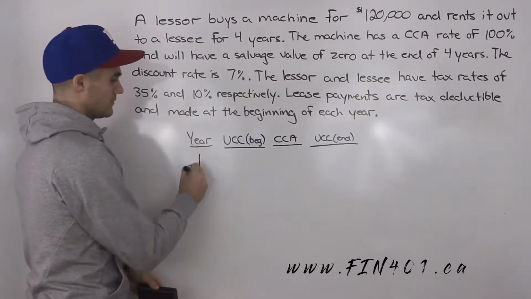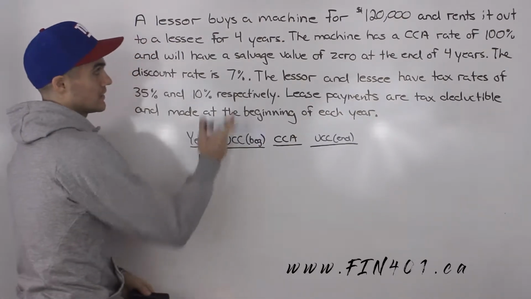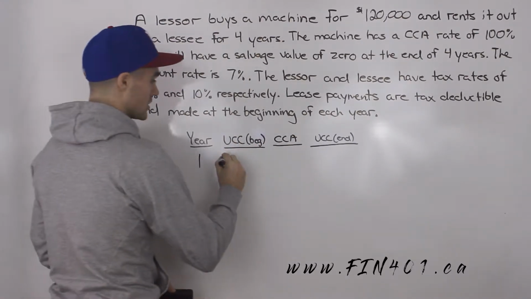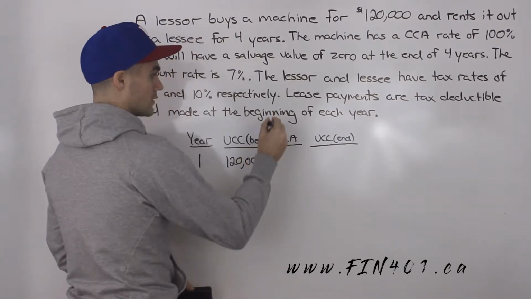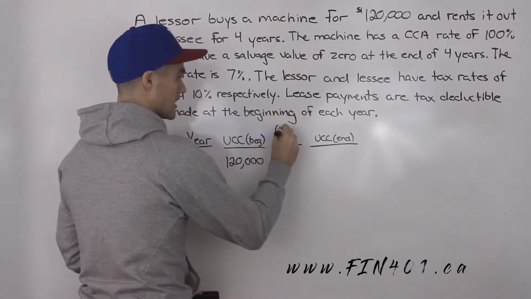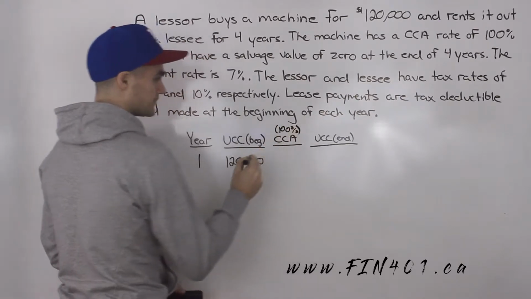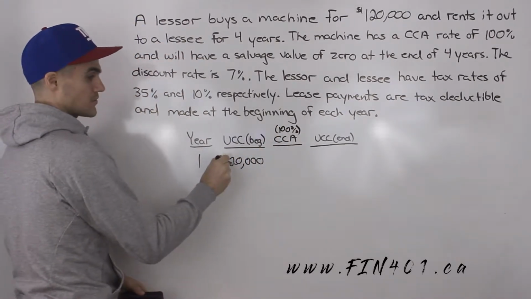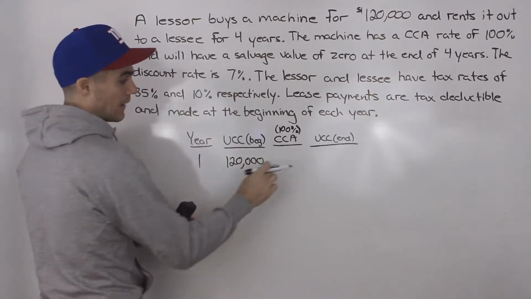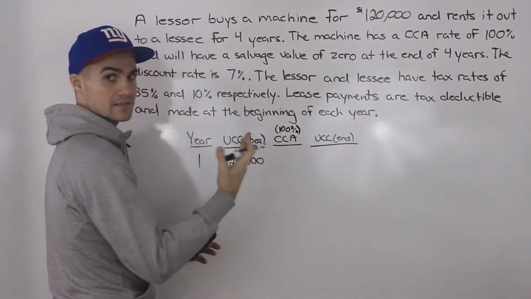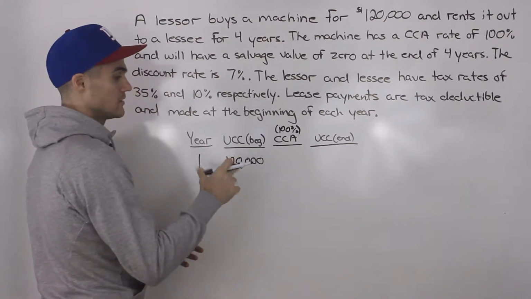In year 1, the UCC at the beginning is basically the cost of the machine, $120,000. And we are depreciating this machine at a CCA rate of 100%. So if we take 120,000 multiplied by 100%, that's just 120,000. However, in that first year, we're only allowed to take half of that amount.